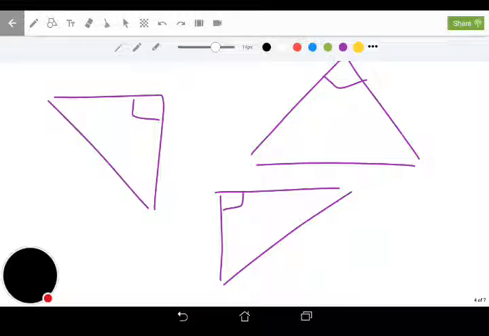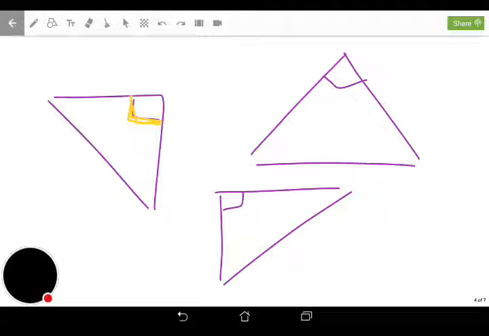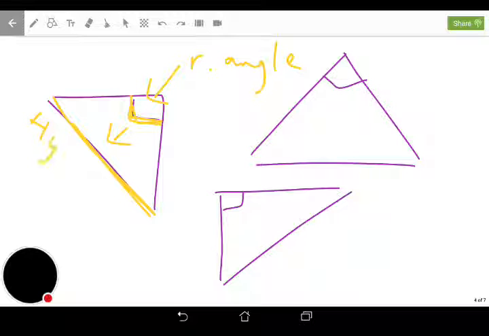On this first triangle, you can see this little corner here shows us that it's a right angle, which is 90 degrees. Let's write down right angle. The side directly opposite is this length over here, so that would be the hypotenuse.